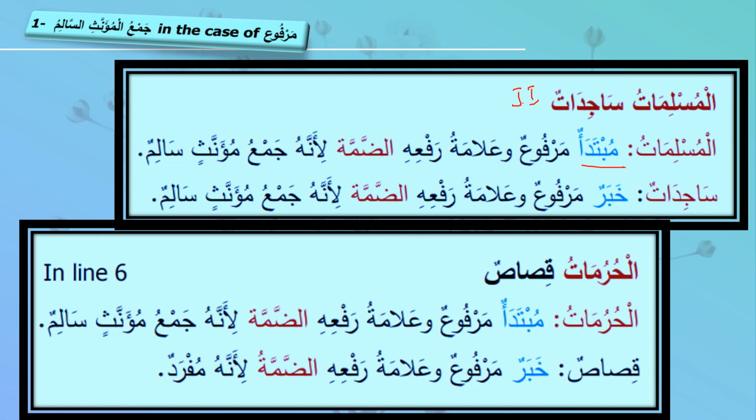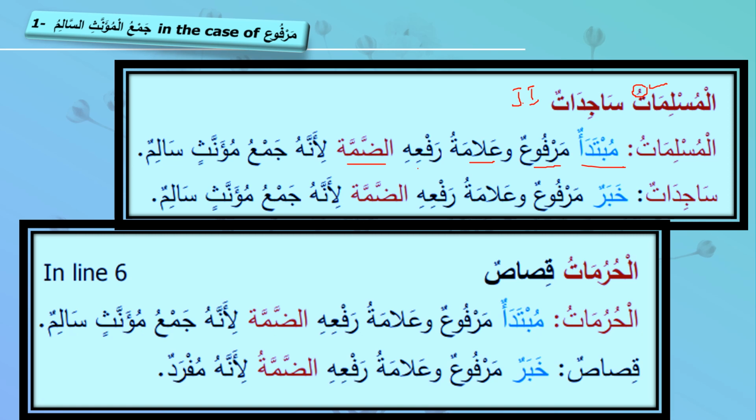In this sentence, it's mubtada and it's always marfu, and it has the sign alama raf, ad-damma. You have to say, since you can see a visible dhamma over the Jama Muannas, with the raf dhamma, because you can see visibly with your eyes there is a dhamma, and this tells you that Jama Muannas is in marfu case. So you need to give your answer alama raf'iyya dhamma. And why dhamma?